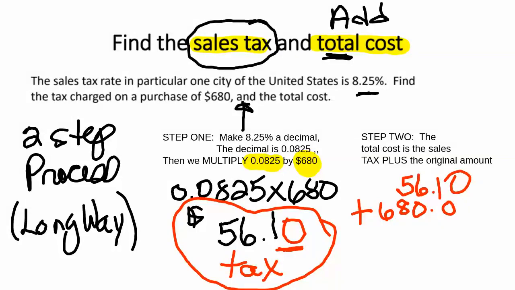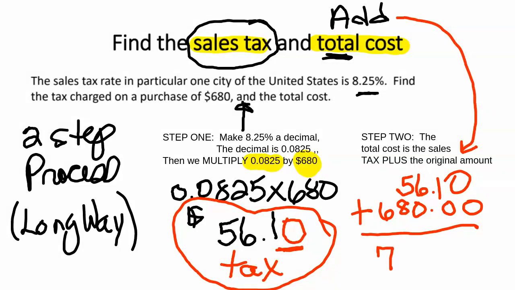Because remember, total is add. So this will give me $736.10, and that is my answer. Now, this is what we've done all along. Haven't had any problem with that. So, like I said, there are old math problems that you've done in the past, and you should be able to do this section.